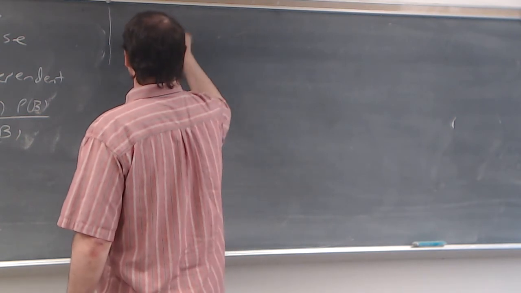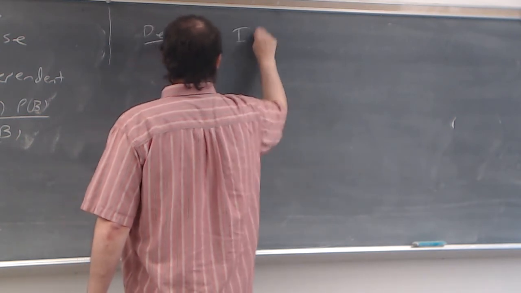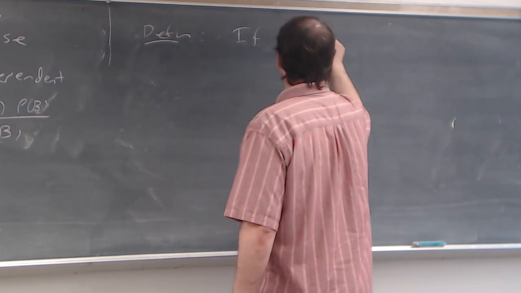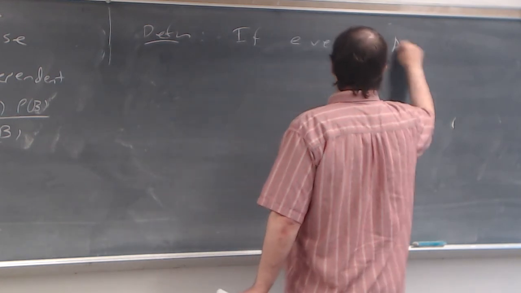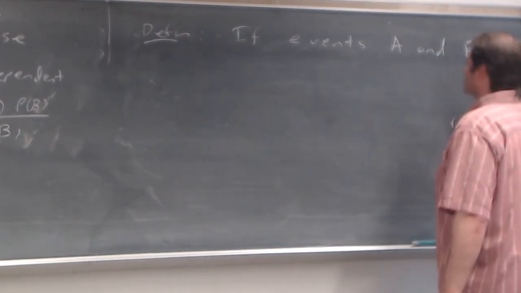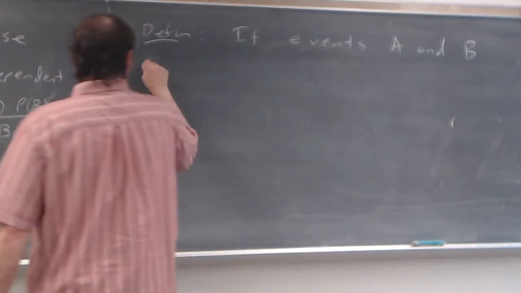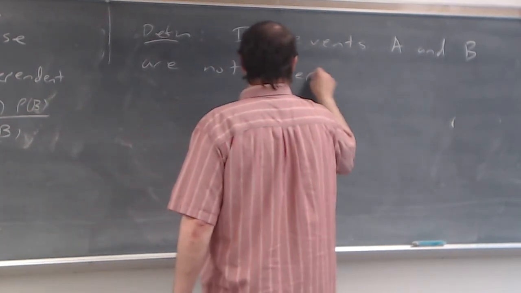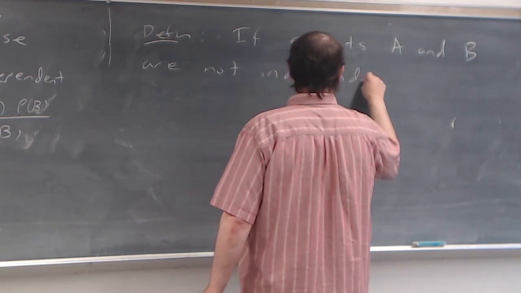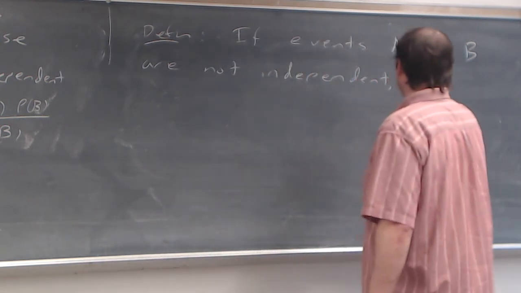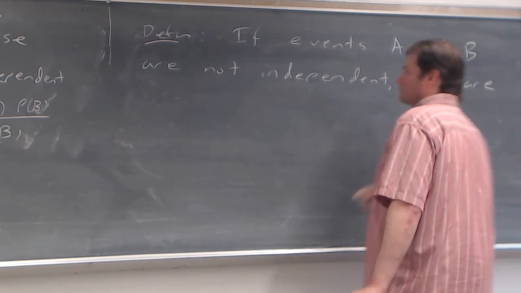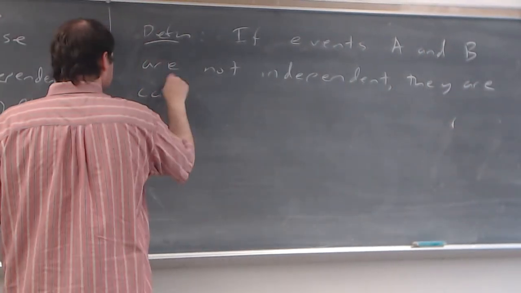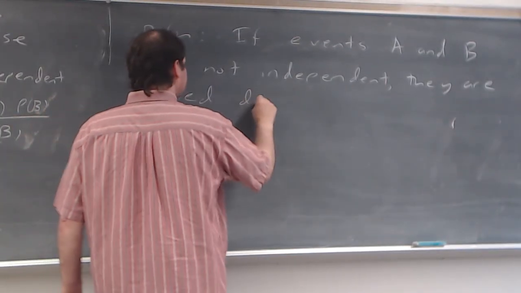As a definition, if events A and B are not independent, they are called dependent events.